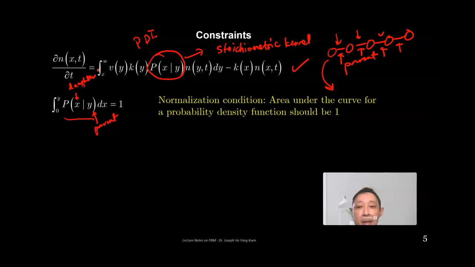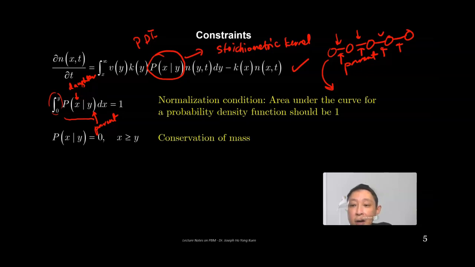So this is the probability of a daughter of a particular size being formed from the parent particle. When we integrate this probability density function over dx from 0 to y, it must equal 1. This is what we call the normalization condition.